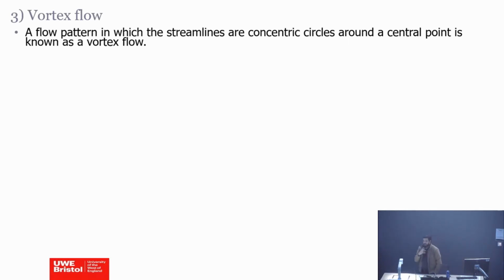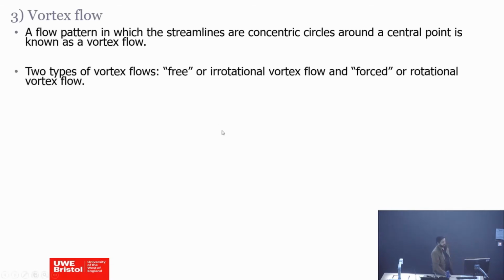If you go to the wind tunnel and do an experiment, and you have a system to visualize the flow, and you see something rotating in a circular flow, that's a vortex flow. So in general, there are circular streamlines about a central point.